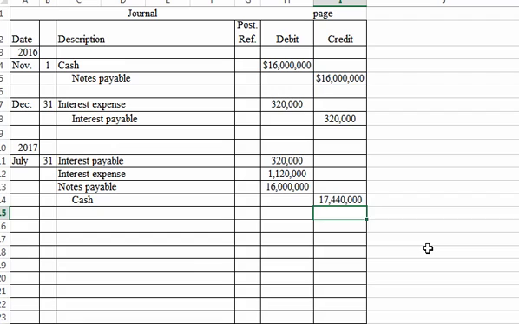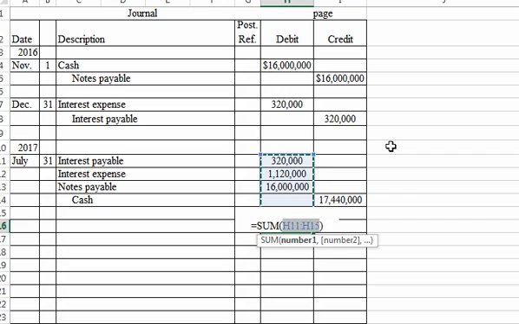And that got us to $17,440,000. Well, let's make sure that's what these 3 total to, and it is. Okay, that takes care of exercise 13.1. I think after working this one with me, you shouldn't have any trouble with the exercise 13.1 homework problem on the Connect Plus site. Thanks a lot, and if you have any questions, please be in touch.